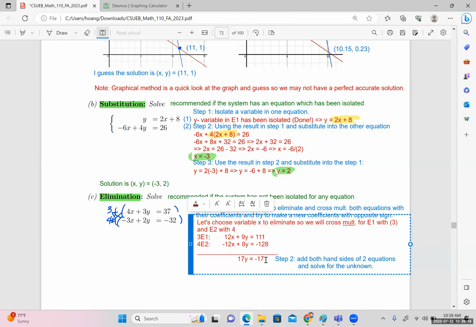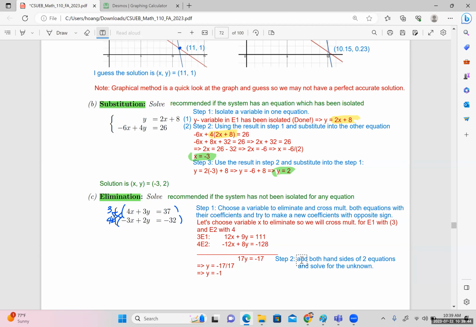We have y will be equal to negative 17 divided by 17, right? Negative 17 divided by 17 equals negative 1. Okay, so I'm done with step 2.